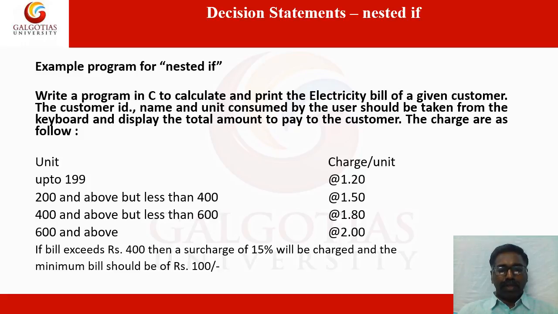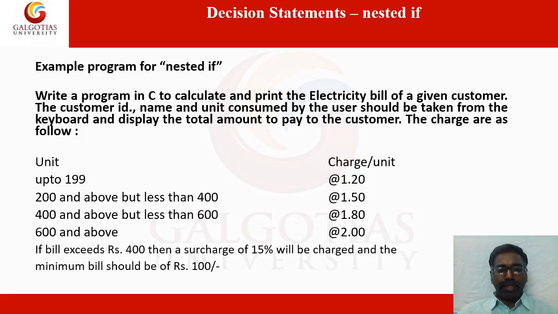After this calculation, if the bill exceeds 400, then we need to add a surcharge of 15% to this bill. And at the same time, if the overall cost is less than 100, then the minimum charge of 100 will be charged. So here we can see how many if decisions we need to take.